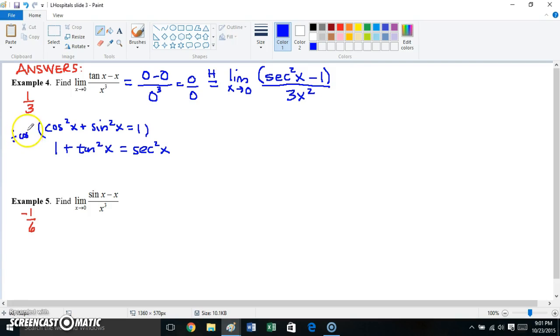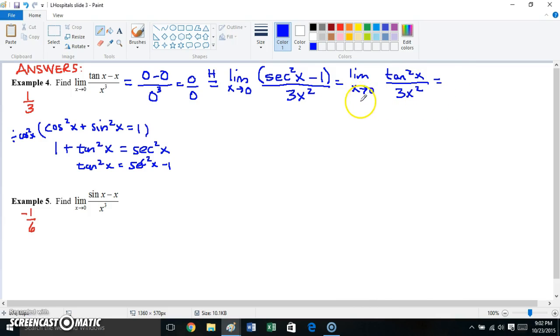So therefore tangent squared x is secant squared x minus 1. So I'm going to rewrite this ratio as the limit as x approaches 0 of tangent squared x over 3x squared.